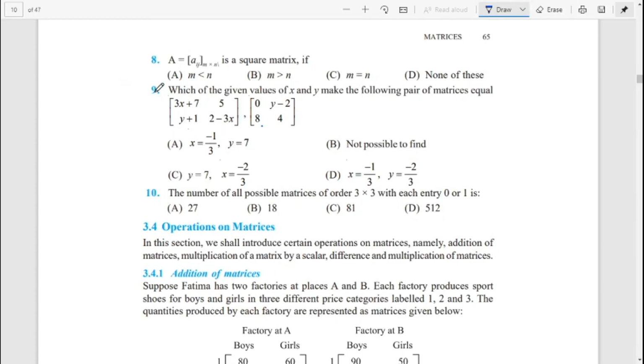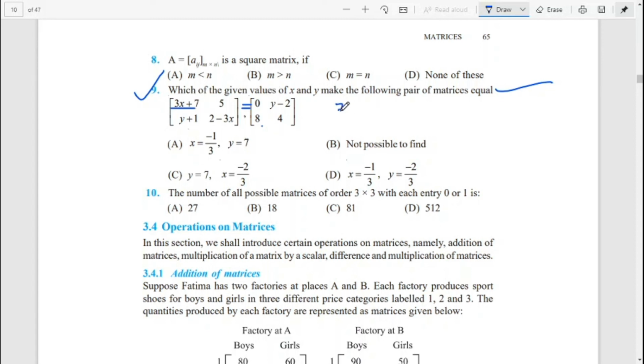Next we move on to the ninth problem. Which of the given values of x and y make the following pair of matrices equal? Now here, it's about equality, right? So you have to check the equality of matrices. Here, for the first one, the corresponding elements, we take 3x plus 7 equal to 0.